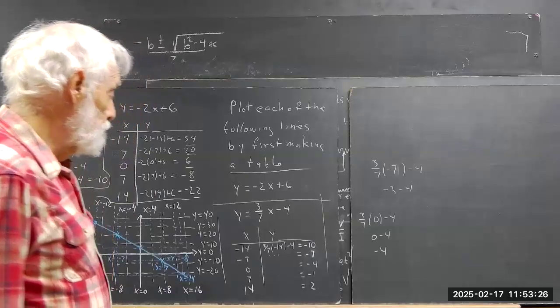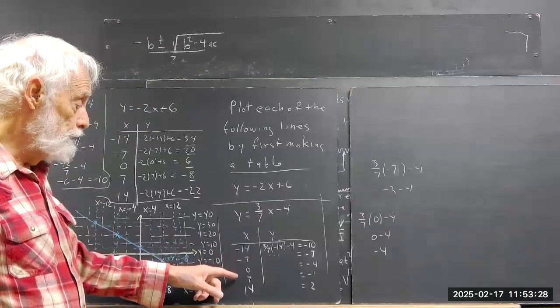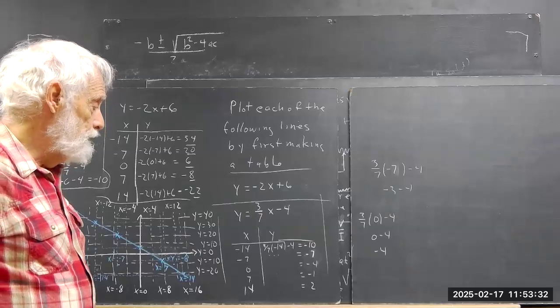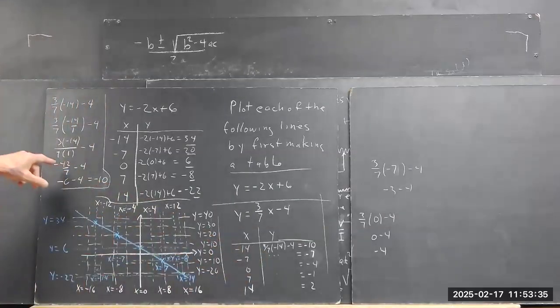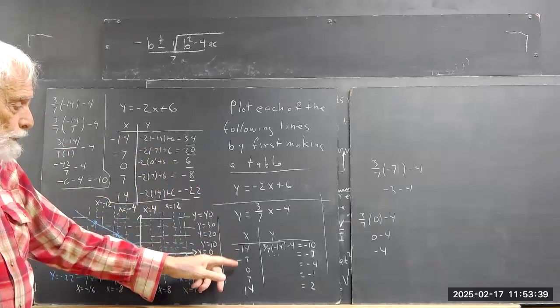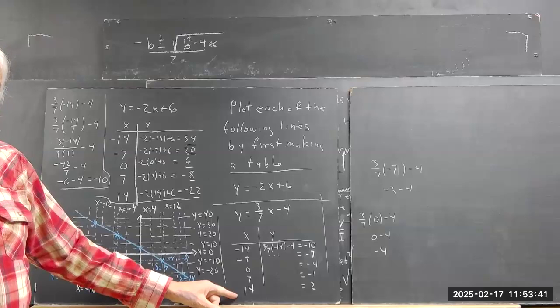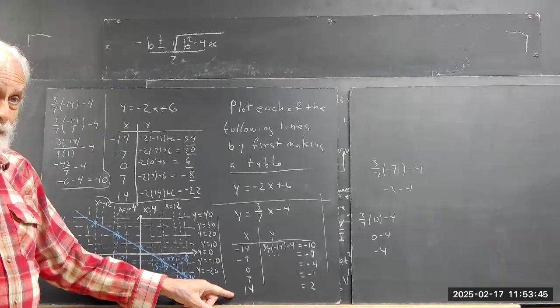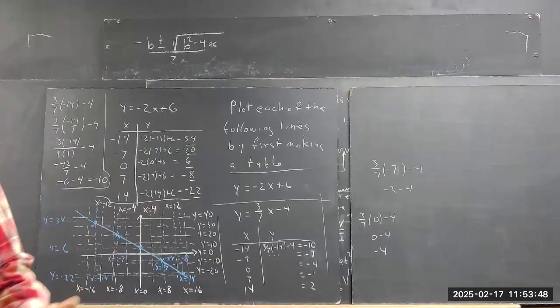Now, why did I tell you to use negative 14, negative 7, 0, 7, and 14? Because 7, our denominator here, divides into each one of these numbers. These are all multiples of 7. So I made a choice here that I didn't think you were necessarily going to make.